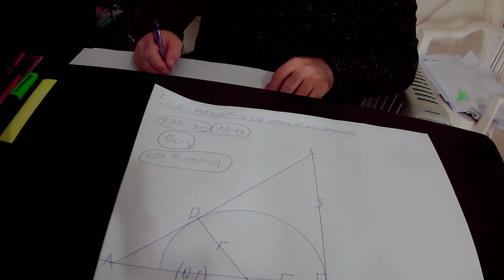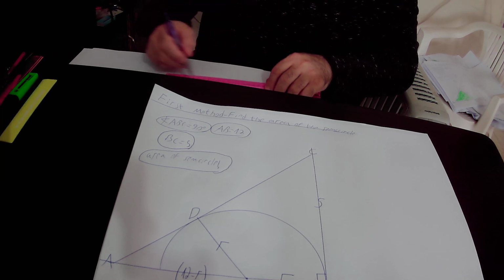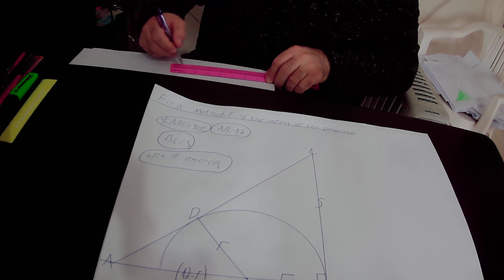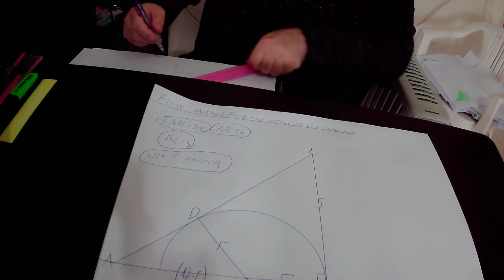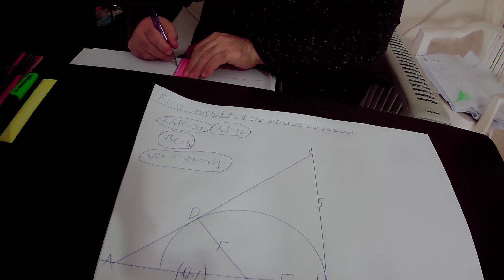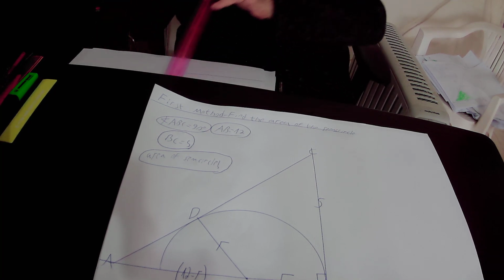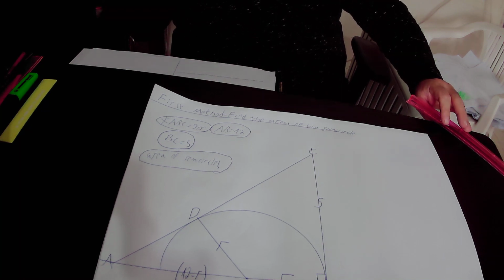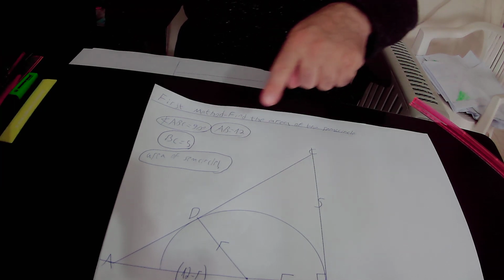So the hypotenuse in the right triangle ABC is AC.